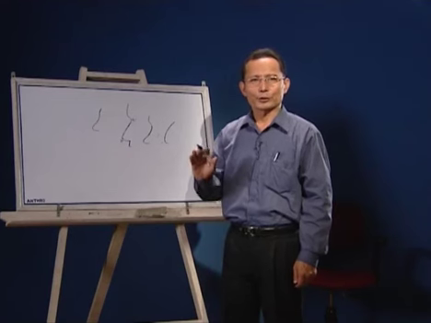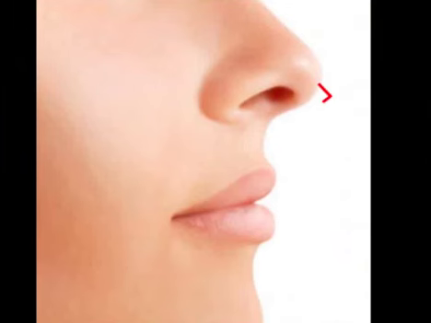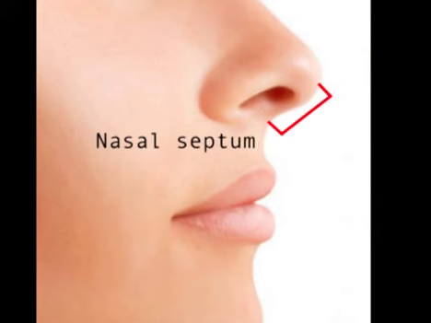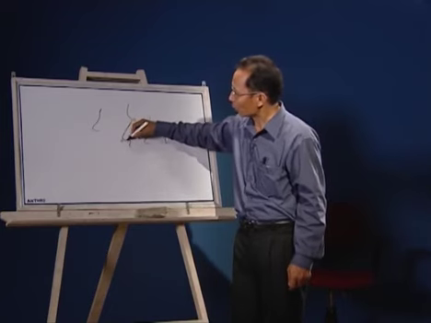Now let us come to nasal septum. So nasal septum is that part of the nose between the tip of the nose and point of junction where the upper margin of the integumentary leaf meets the base of the nose. So from this point to this point, this is called nasal septum, and it separates the 2 nostrils.